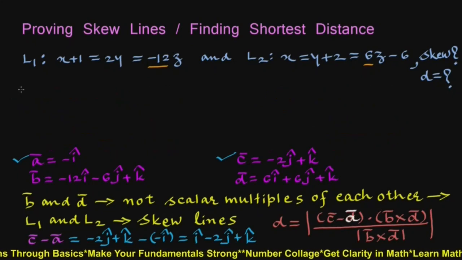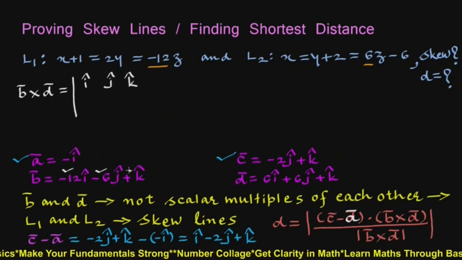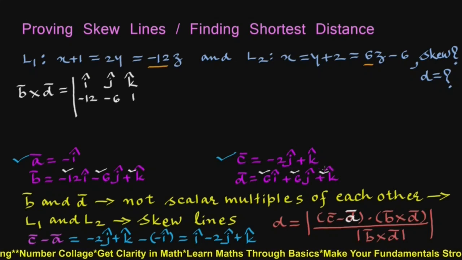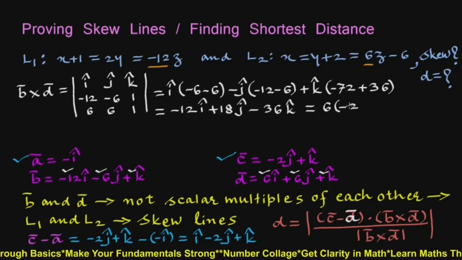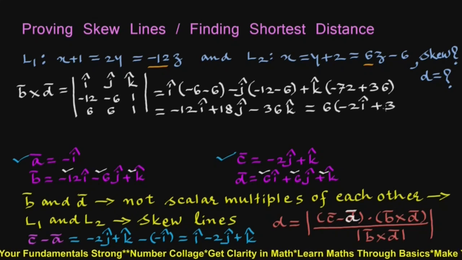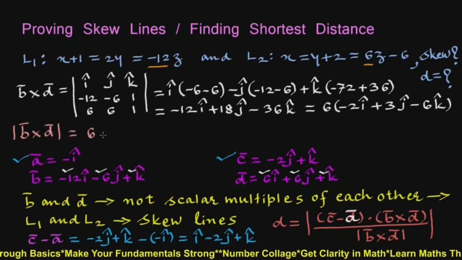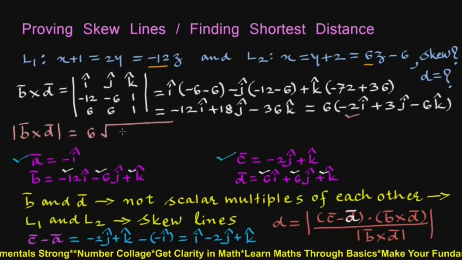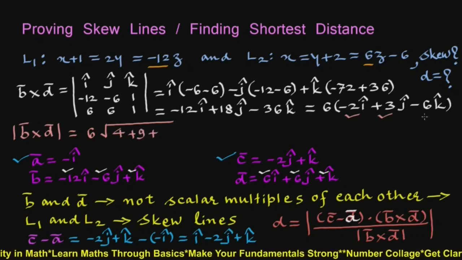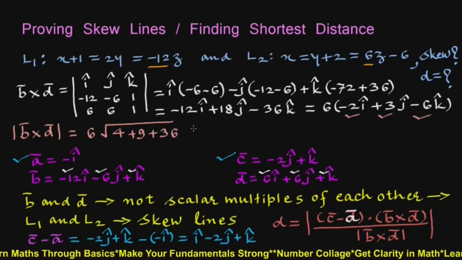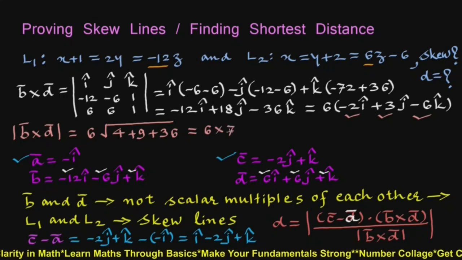Now b cross d is the determinant of i, j, k; −12, −6, 1; 6, 6, 1, which will be 6 times (−2i + 3j − 6k), and mod b cross d will be 6 times the square root of (−2)² (4) + 3² (9) + (−6)² (36), that will be 6 into the square root of 49, 6 into 7, 42.